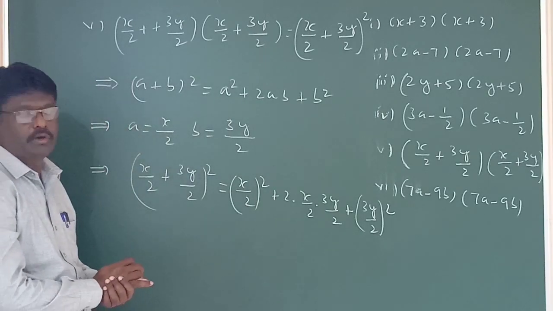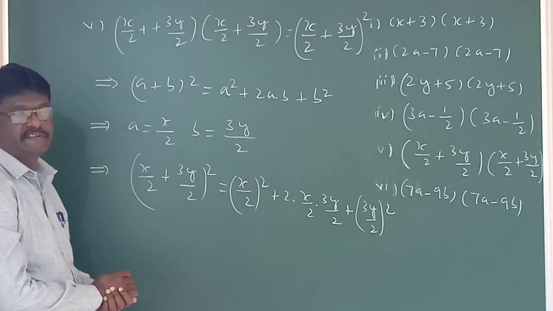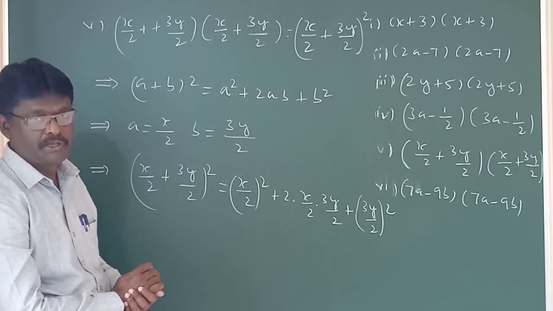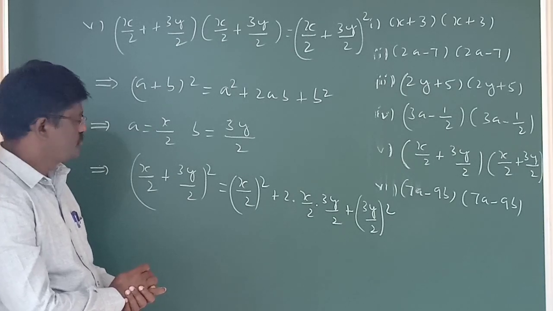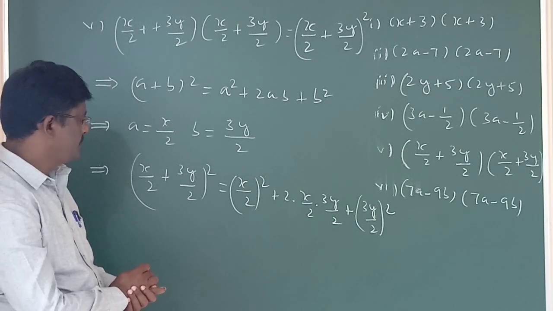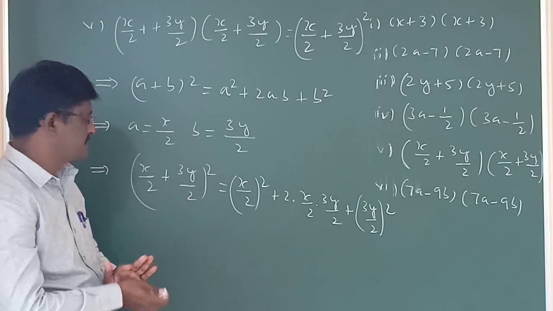Okay, children, 1 minute. Just look at this step. Here, strictly speaking, we have not followed the discipline. Just you see where we have not followed the discipline in this step.